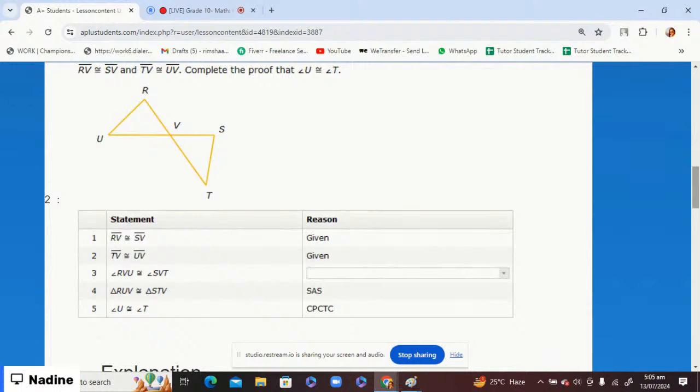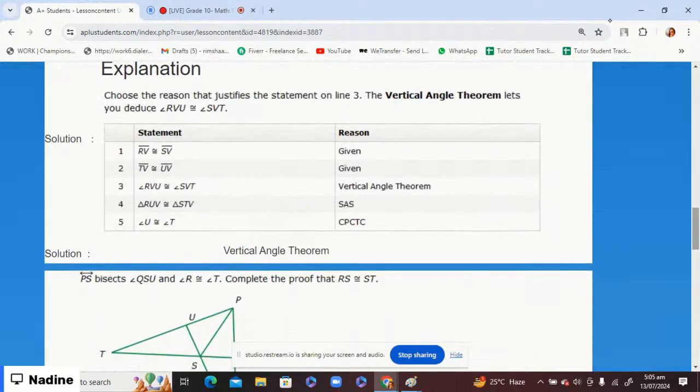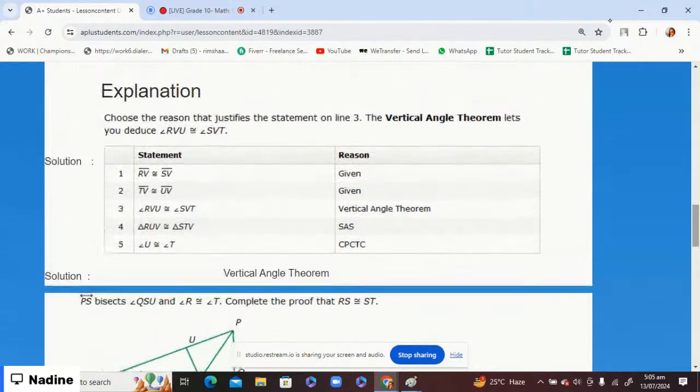So if the two sides of the triangles are the same, it means that triangle RUV and triangle VST are the same and their angles are also the same. So it means that angle U and angle T are the same.